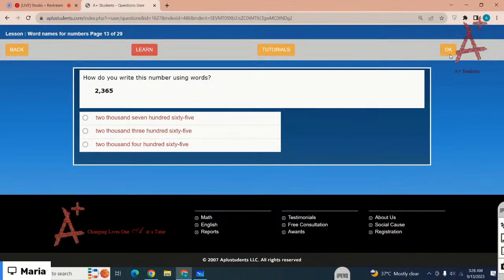How do you write this number using words? So, which is the correct option? That is 2,365. Very good. That would be the second option.